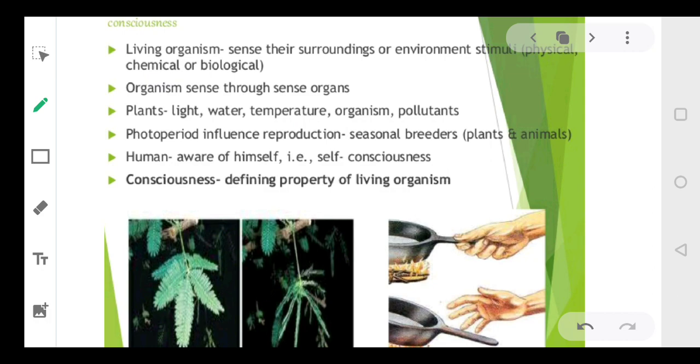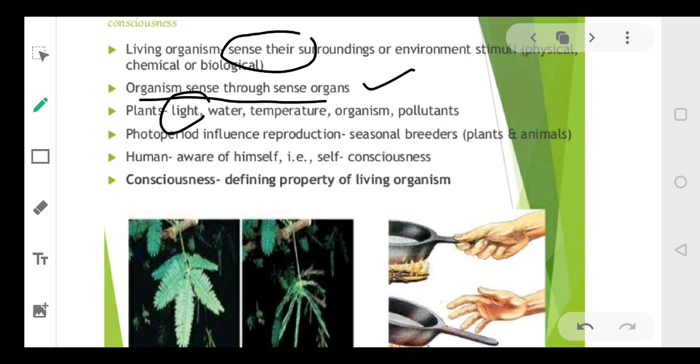Organisms have sense organs, and with the help of the sense organs, they come to know what is happening around us. Eyes see, ears hear, your skin feels. So your sense organs help us to know the changes that are happening in our environment, right?